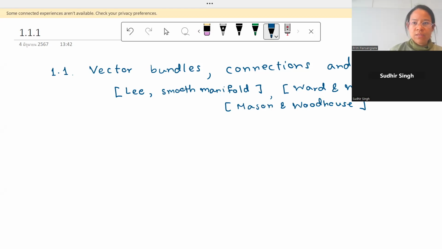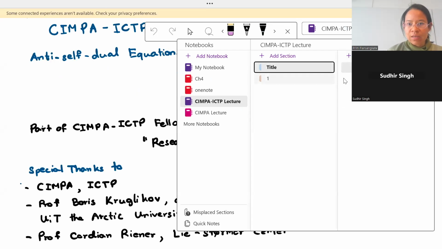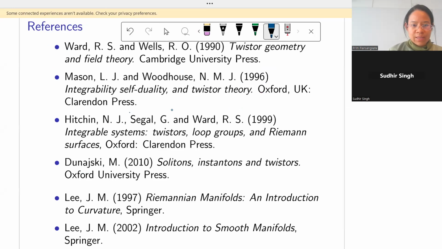The full titles of the references are given on the reference page here.